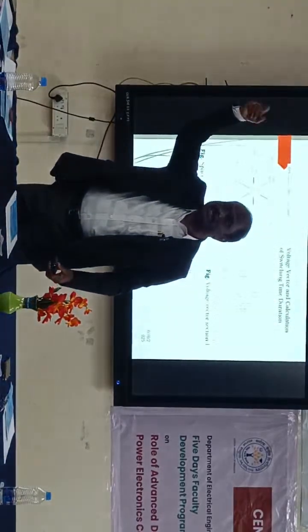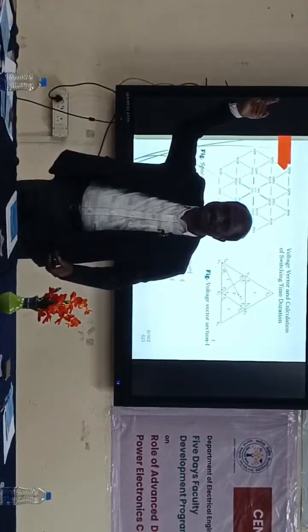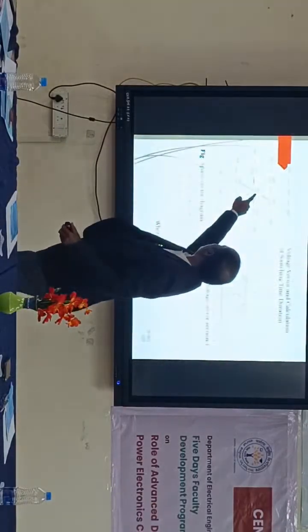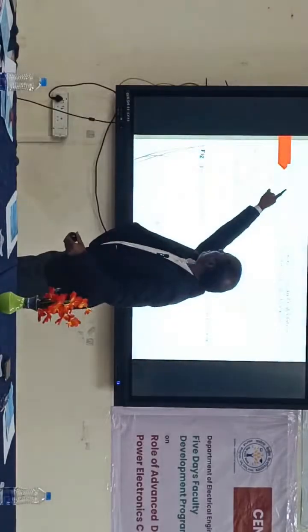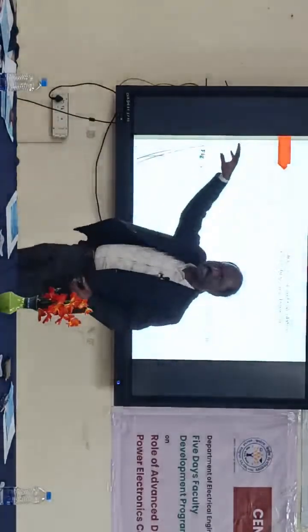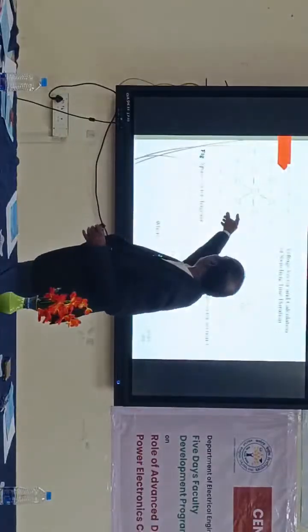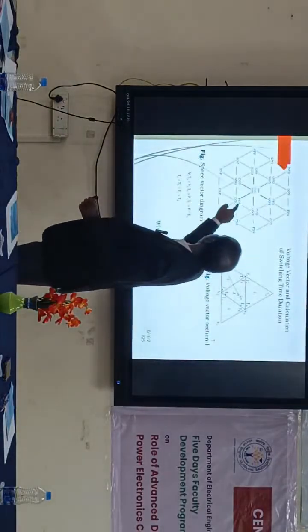Top two means VDC, that is similar to plus minus, but magnitude is only VDC by 2, so we are going to get this way. Like this, all 27 combinations, if you apply on a reference vector and plot them like a space vector diagram, you are going to get a hexagon. This is one hexagon, this is one hexagon, like that we are going to get.